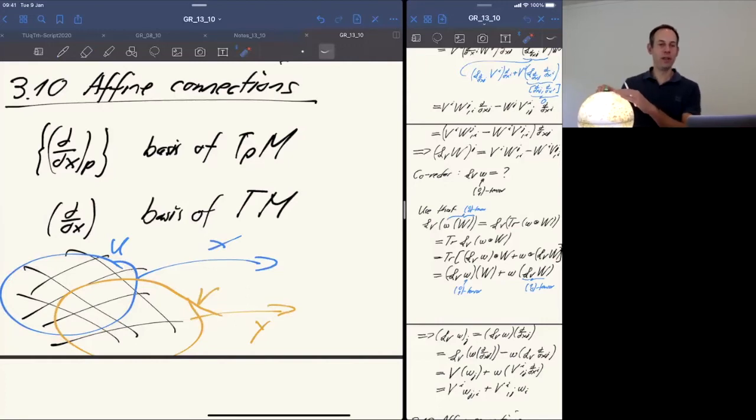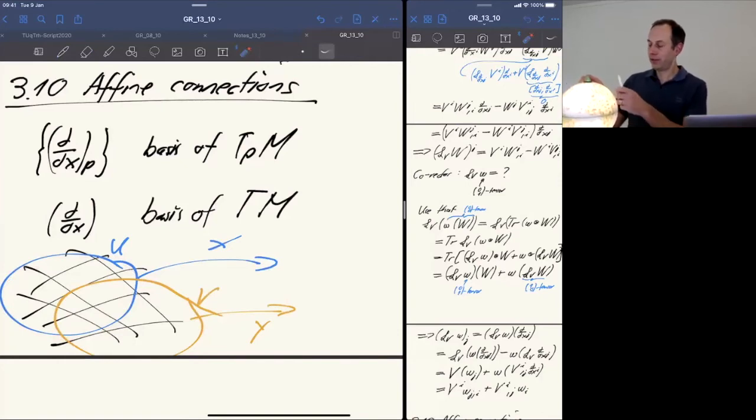This has to do with a theorem. Maybe I just do it specifically. Suppose you start somewhere with a basis vector field.